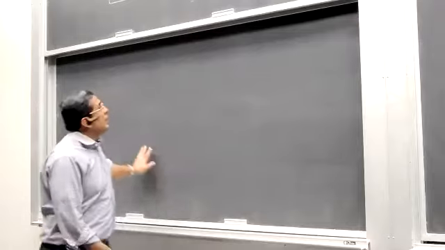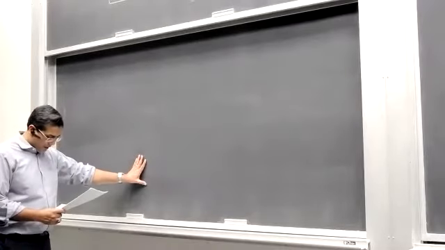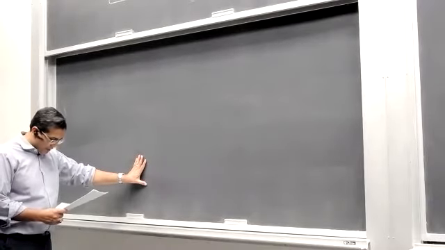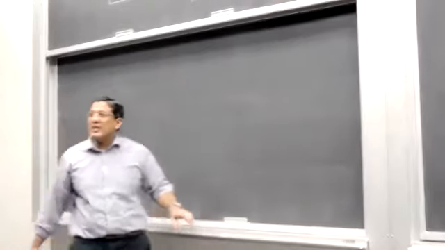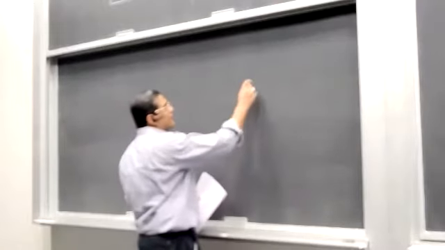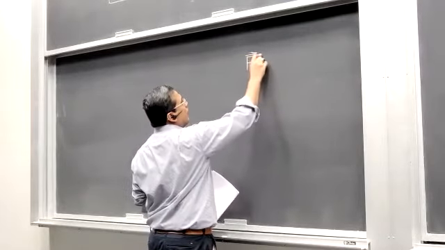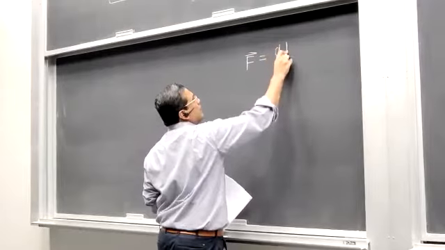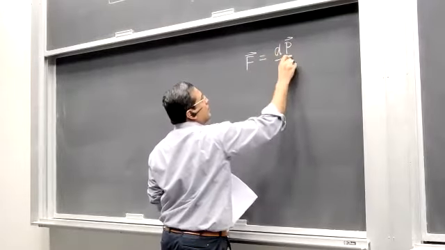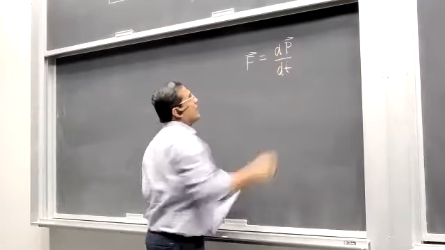Okay. All right. So now I want to start something very interesting and important. But before I do that, let me just say something. So you already know this relationship, which is nothing but Newton's second law. Okay.